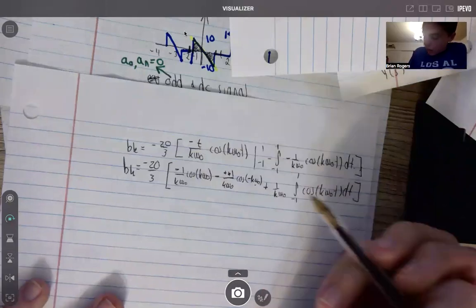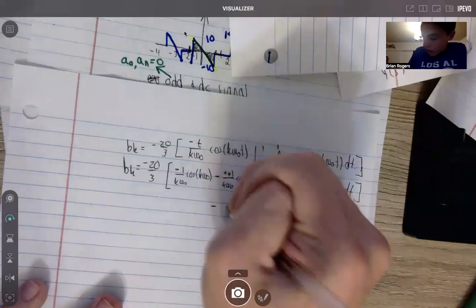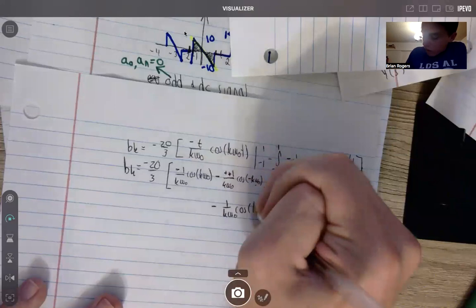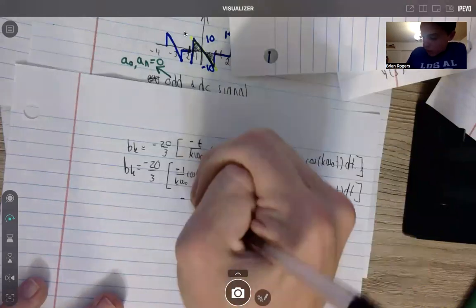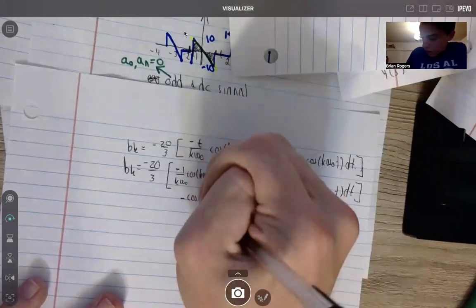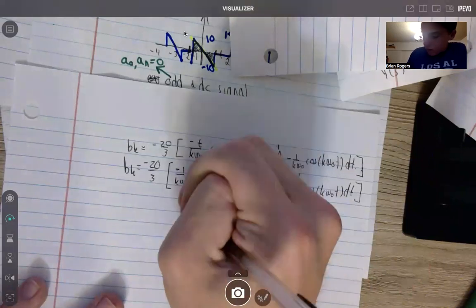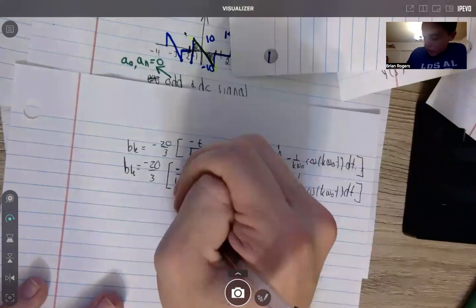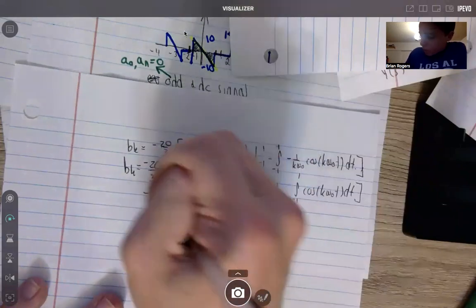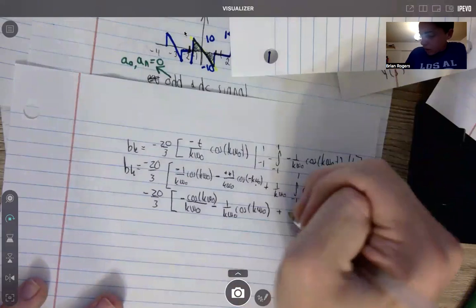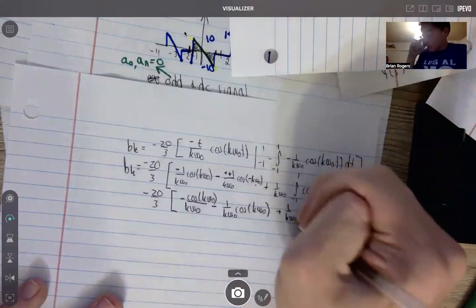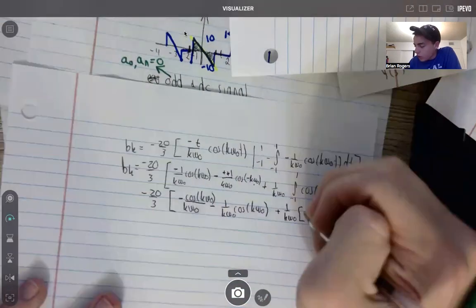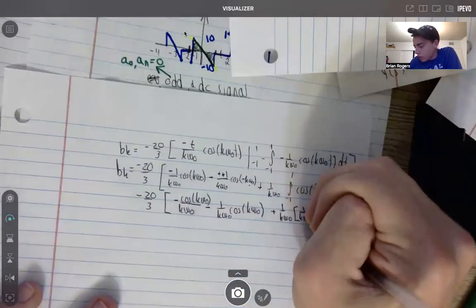So it's just going to become negative 1 over k omega naught cosine of k omega naught, negative, and then cosine k omega naught all over k omega naught. And then negative 20 over 3, and then plus 1 over k omega naught. The antiderivative of cosine k omega naught t is going to be 1 over k omega naught sine k omega naught t.